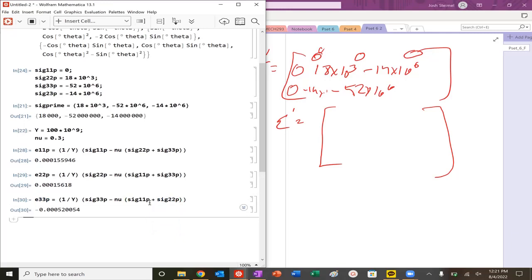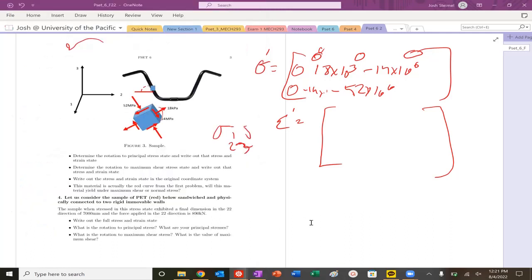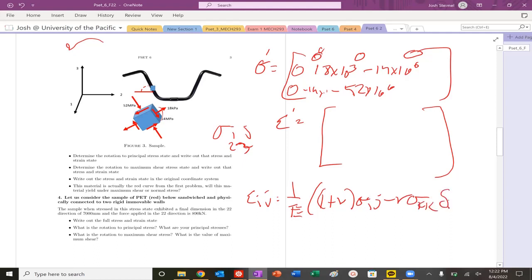Excellent. But there's also E23p, if you remember, from our equation, which is that epsilon ij is equal to 1 over E times 1 plus nu times sigma ij minus nu sigma kk Kronecker delta ij. If i is not equal to j, then the Kronecker delta disappears.